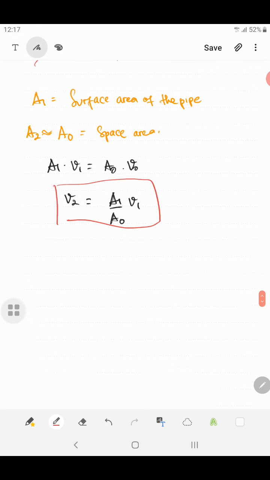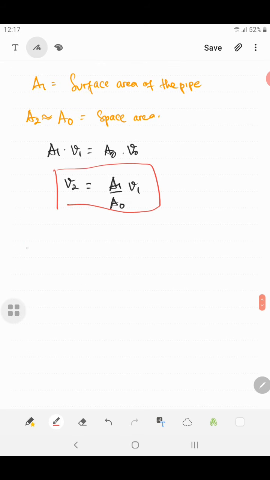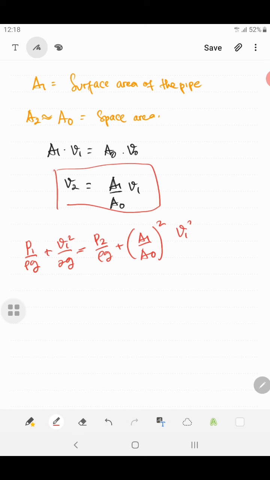So the equation will become P1 over G plus V1 square over 2G equal to P2 over G plus (A1 over A0) square times V1 square over 2G.